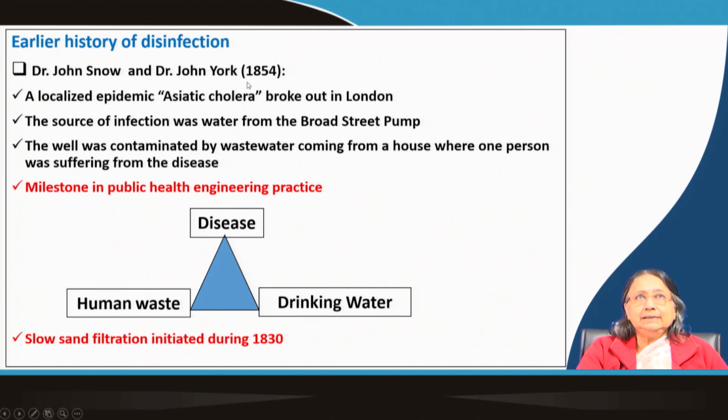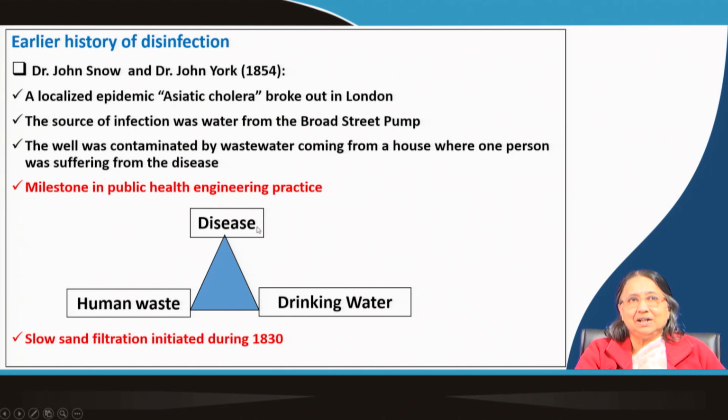Exhaustive scientific studies were done by these two persons, and they realized that this is a milestone. It was realized that there is a relationship between human waste, drinking water and disease.